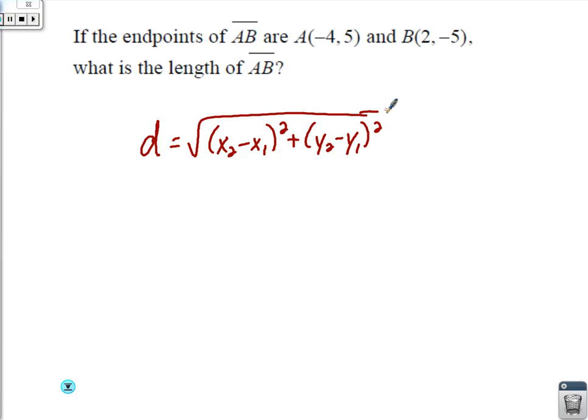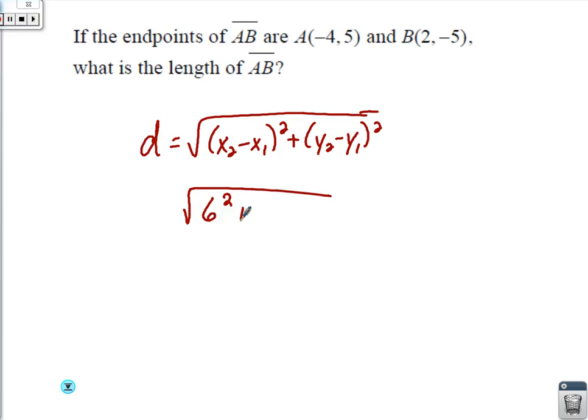It's going to be the square root of 136. Right. 6 squared is 36. 10 squared is 100. Add them together, take the square root. Your answer will be root of 136. But let's actually work it out the long way. The square root of x2 minus x1. Matt, what's x2 minus x1? Careful. 2 minus negative 4, let's get a plus there. 2 plus 4 is 6.